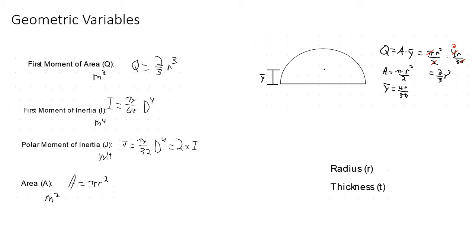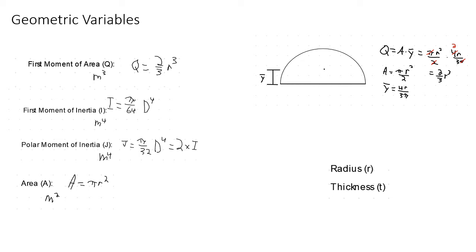But just a side note for Q, the actual formula is A times Y bar, and I've gone through a little bit of a proof on the side to see why we get to 2/3 r cubed, where A for a semicircle is pi r squared over 2, and the Y bar for a semicircle is 4r over 3 pi. Some things get eliminated, fractions reduce down to 2/3 r cubed.